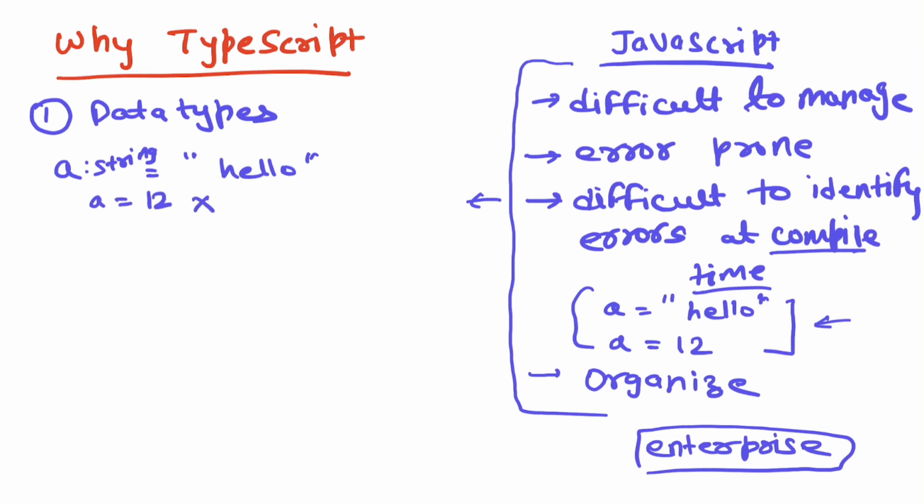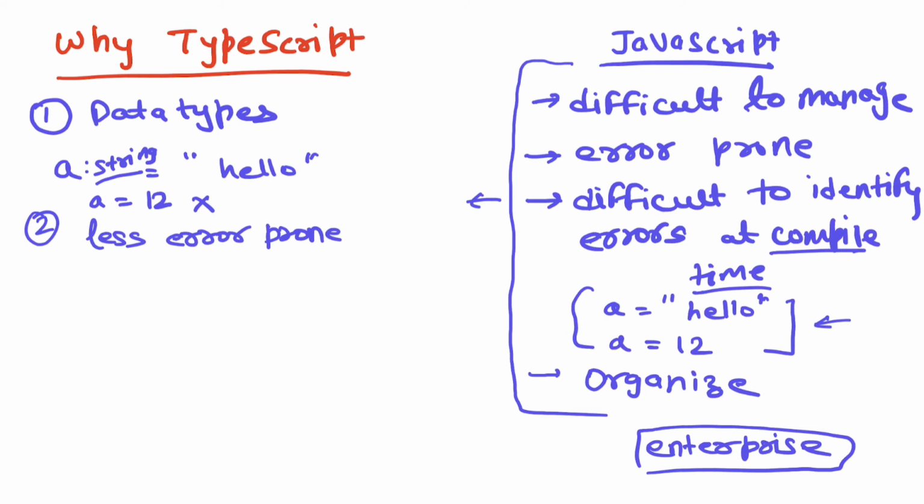This programming language will not let you store any numbers in a, because you have defined it as a string type within TypeScript. So it helps you bind your variables with data types, and then it's going to be less error prone. You're not going to get these kinds of data type errors because of this feature.